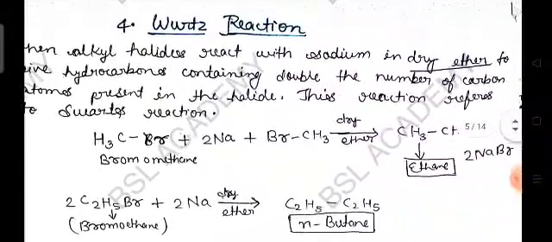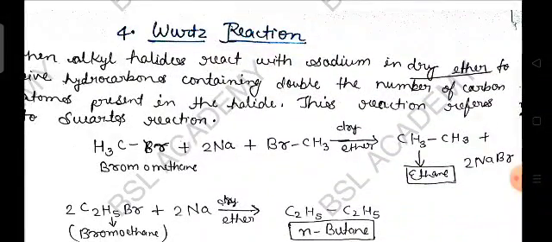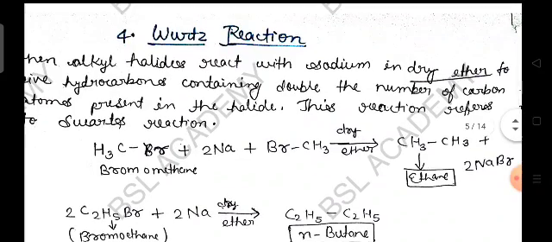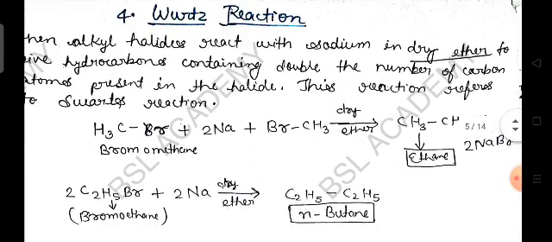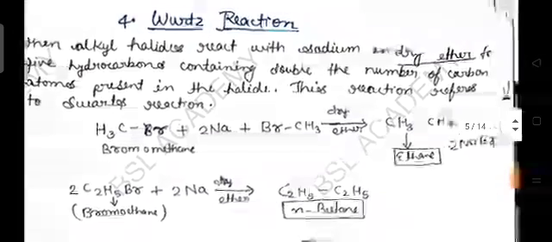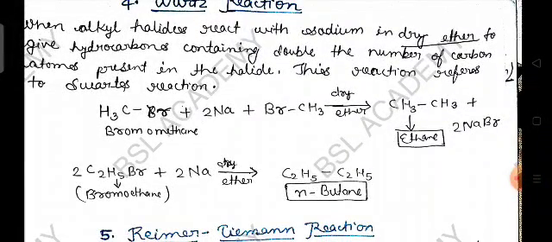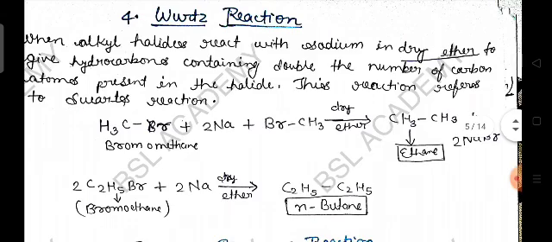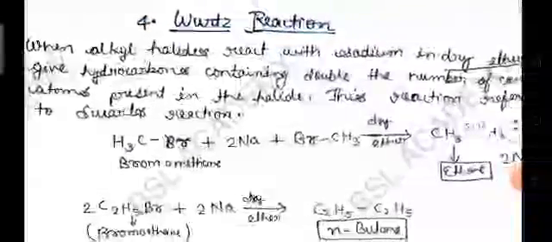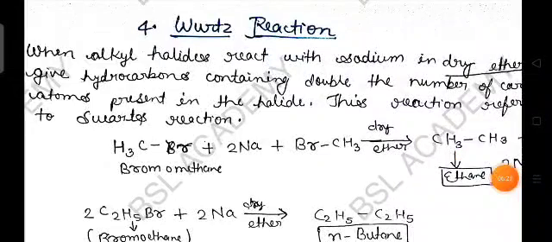Now next, Wurtz reaction. This is your most important reaction and you must learn this reaction. When alkyl halides react with sodium in dry ether to give hydrocarbons containing double the number of carbon atoms present in the halide, the reaction is referred to as the Wurtz reaction.